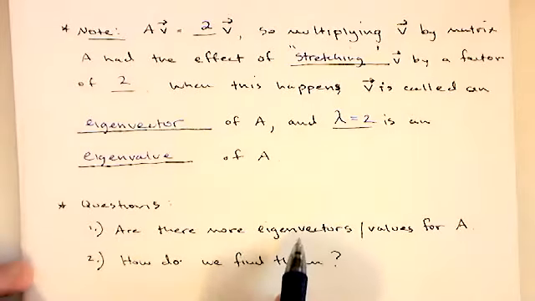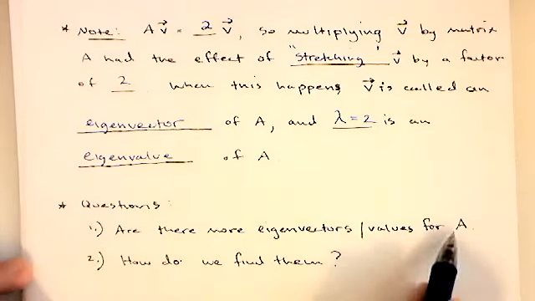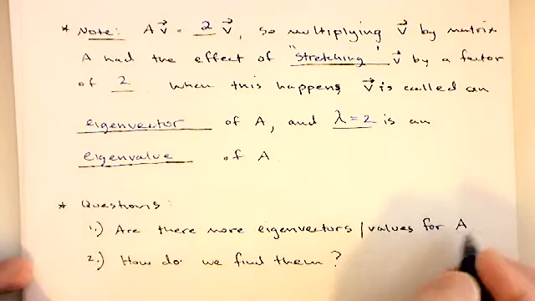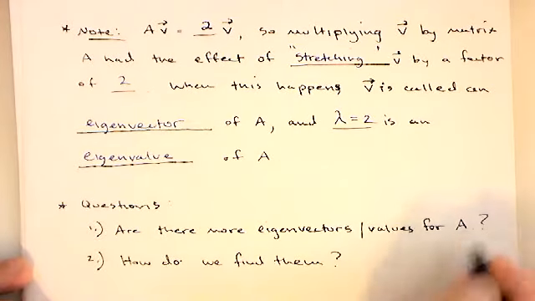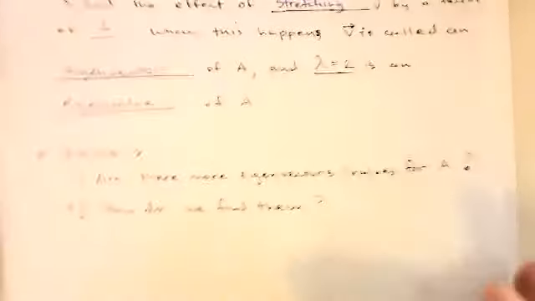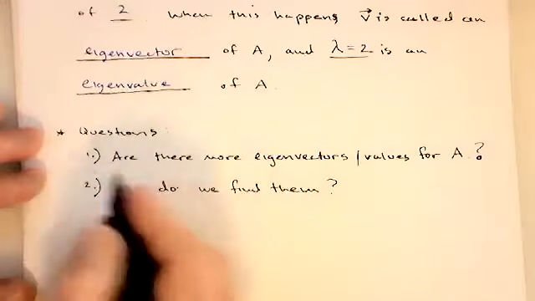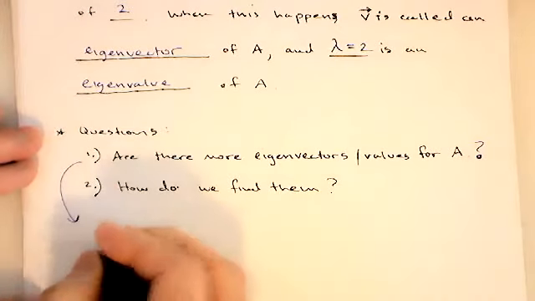Are there more eigenvectors and eigenvalues for my matrix A, right? And if there are, how do we find them? And that's what the rest of this talk's going to be about, is how do we find those eigenvectors and eigenvalues?